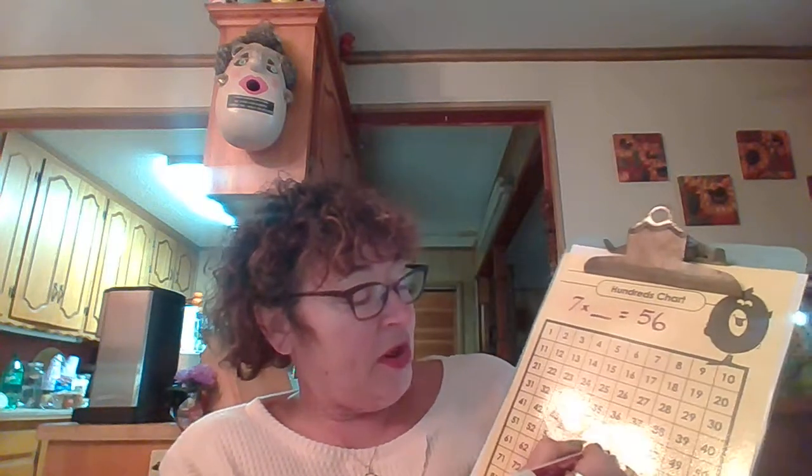Now, my other number that I know is 7. So if I count groups of 7 until I get to 56, then I'll know how many groups I have to count, or what number I have to multiply by 7 to get 56.